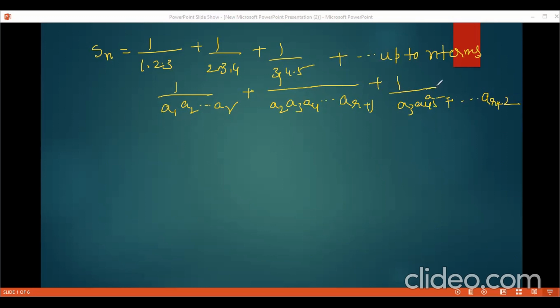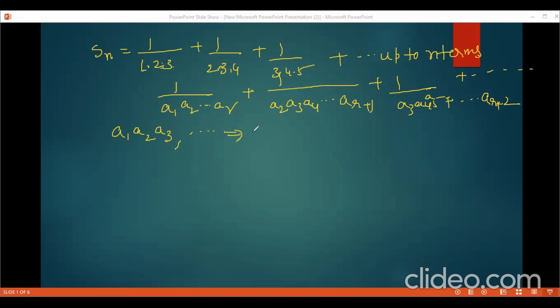Like this you will get, right? Plus so on. This is our general form. So now if you compare this one, here a1, a2, a3, so on. That means what are a1, a2, a3? This one, no?